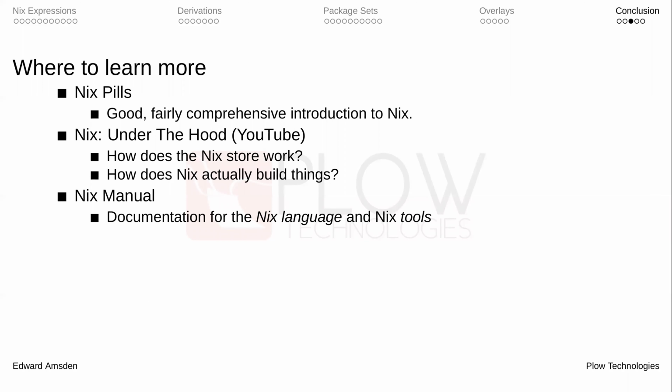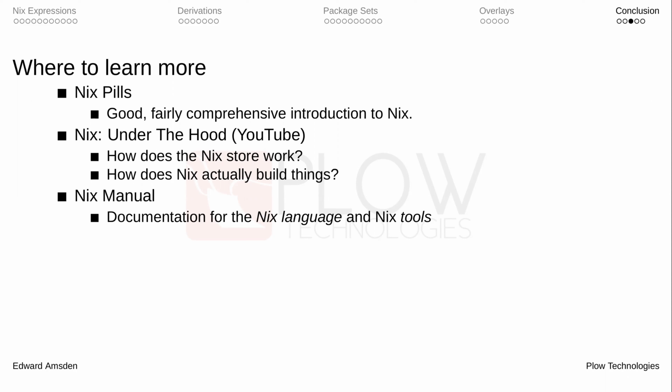There are three manuals, not counting the NixOps manual, which is orthogonal, on the NixOS website that you'll need to reference for what documentation there is about Nix and Nixpkgs.